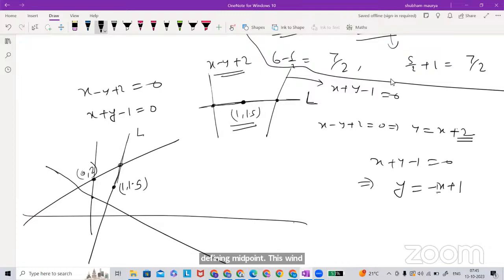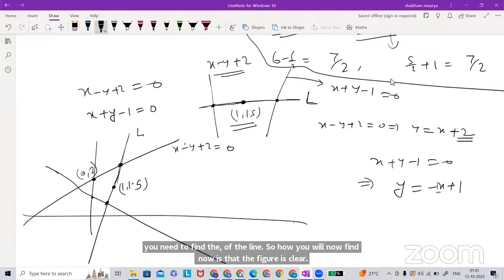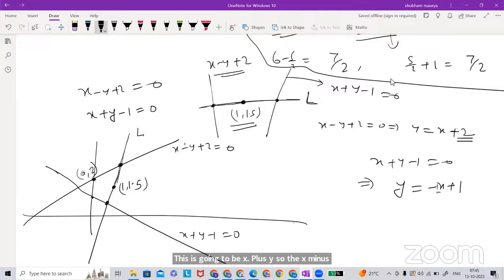Now you need to find the equation of the line. So how will we find it? Is the figure clear now? This is x minus y plus 2 equal to 0, and this line is x plus y minus 1 equal to 0.